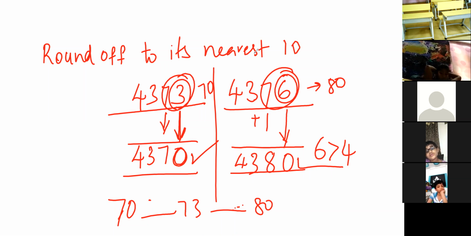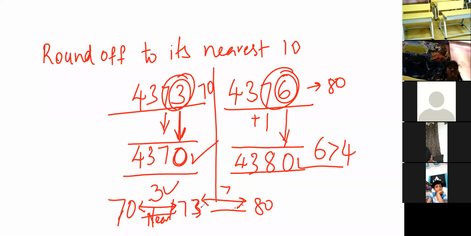See, for reaching 73 from 70, we need only 3 numbers, right children? But to reach from 73 to 80, we need 7 numbers. So in this case, what we can guess here is that 70 will be nearer to 73 than 80.